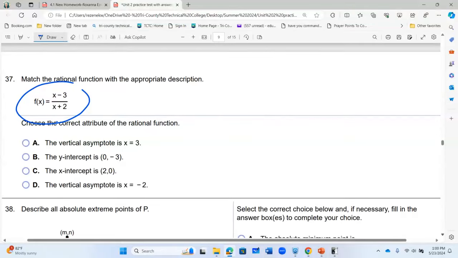So I will actually go to that homework 3.5.2 because that's where they are. Find the vertical asymptote. What you're going to do is collect the denominator, x plus 2, equate it to 0, and solve for x. So x is equal to -2.